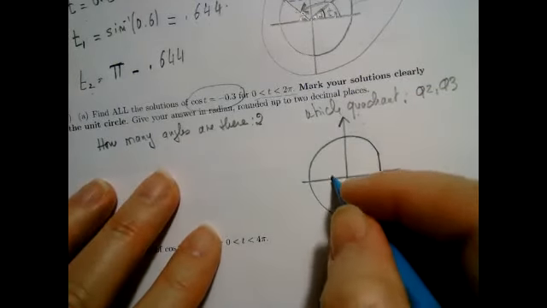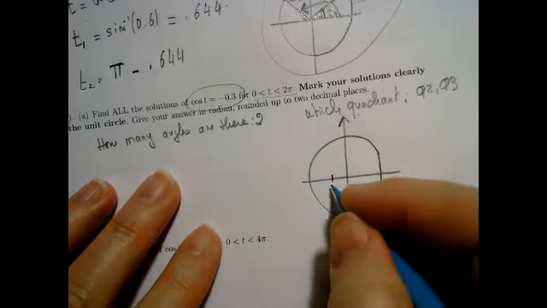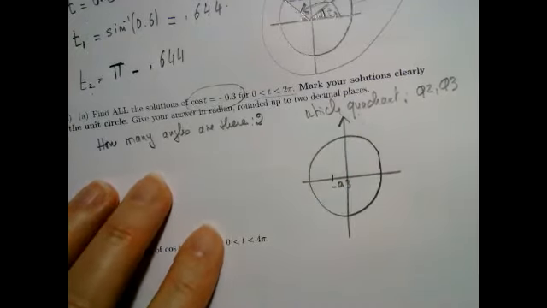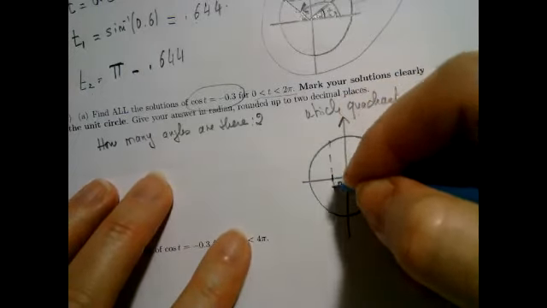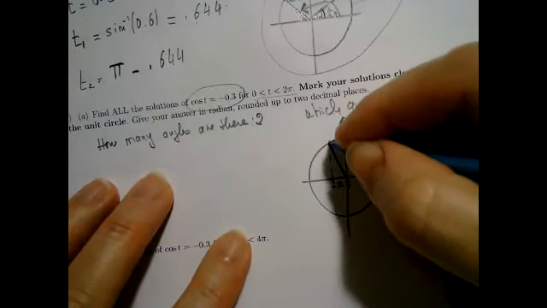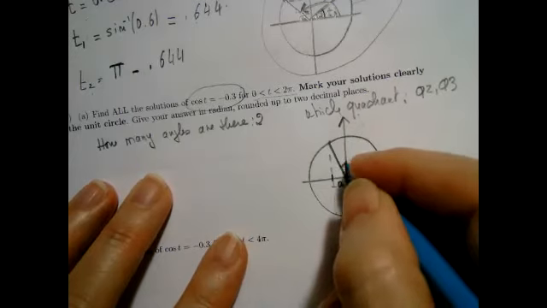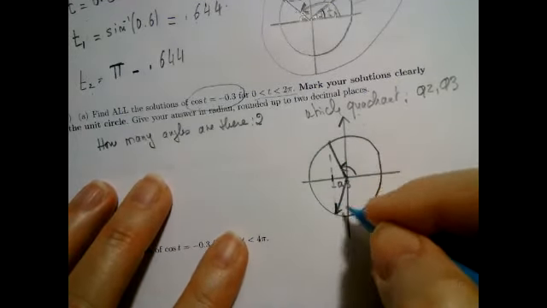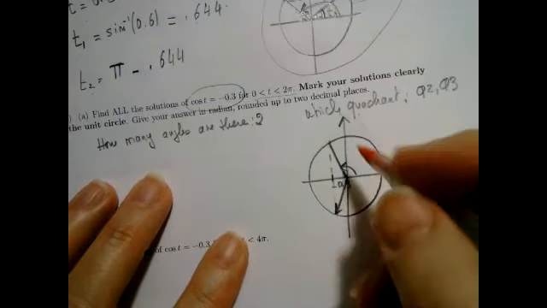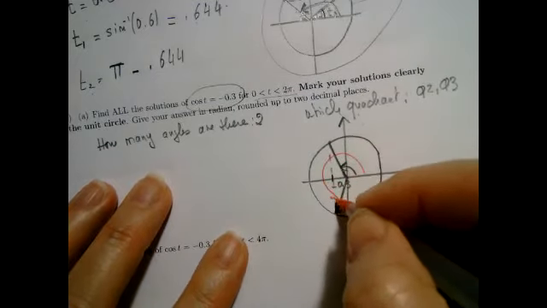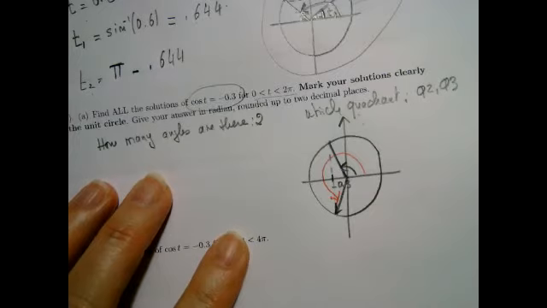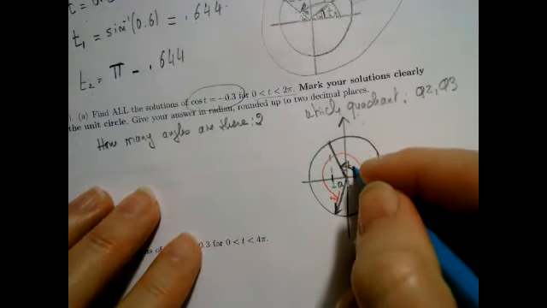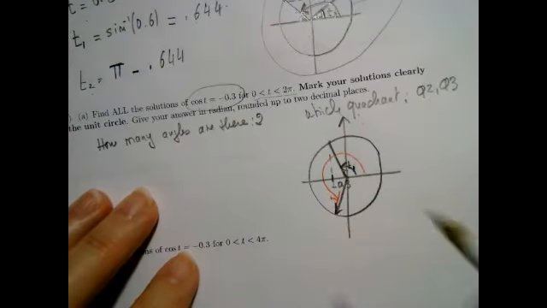My cosine is the x coordinate, and this is minus 0.3. I am after those angles. This one is one angle, and this one right here, the one in red. I'm going to call this T1, and T2 is the one in red.